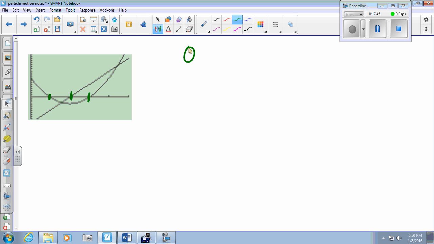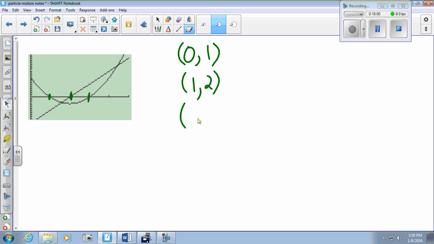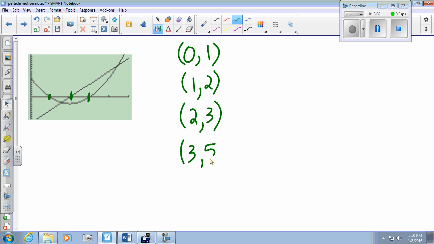So we've got something going on from time 0 to 1, something else from 1 to 2, from 2 to 3, and from 3 to 5. We need to see in these intervals whether velocity and acceleration are the same or different.